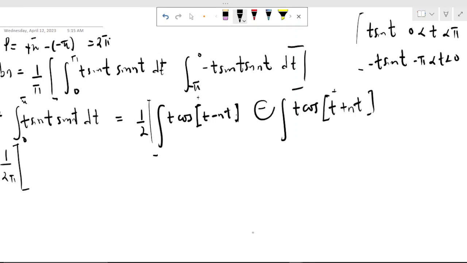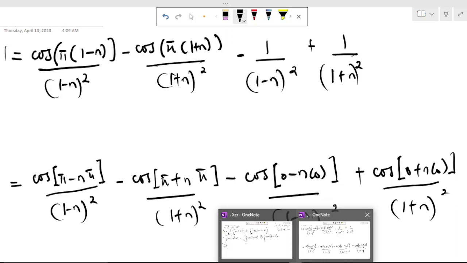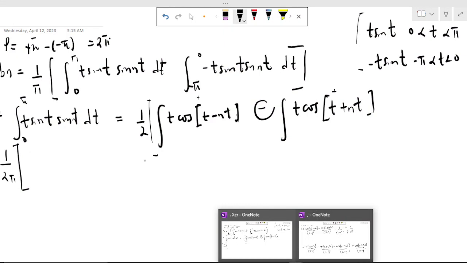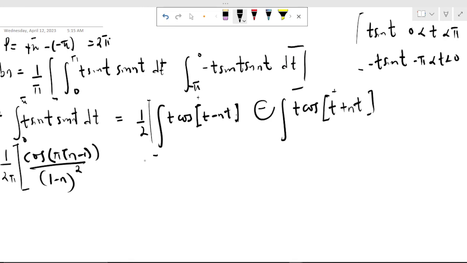So let's put that down here. We have cos(pi n) minus 1 over (1 minus n) all squared, minus cos(pi) of (n plus 1).